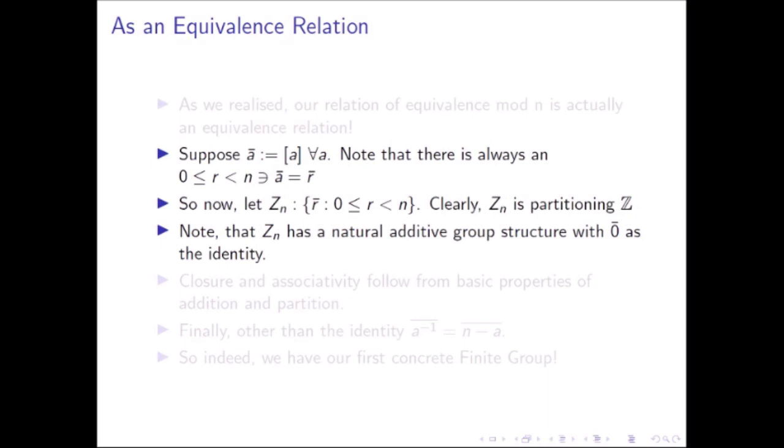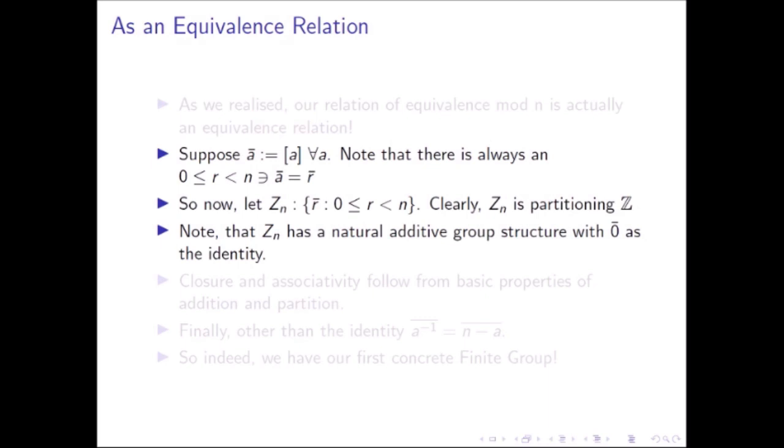This is basically Euclid's division lemma, and you know it, right? So indeed, if we consider the set of all r bars such that r is less than n but non-negative, we call this set Zn, and this is a partitioning of Z, right? Because we already saw that every a belongs to a bar, and a bar is the same as some r bar.